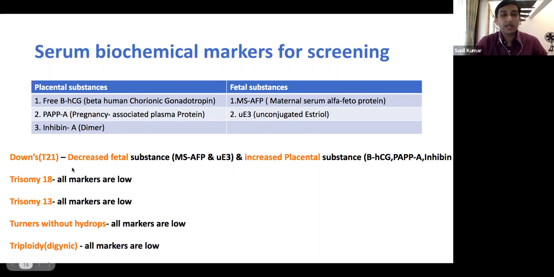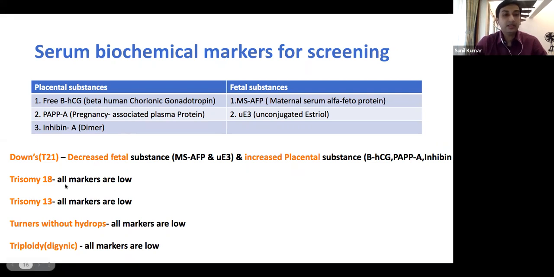In Down syndrome, what happens? There is decreased fetal substances like maternal serum alpha fetoprotein and unconjugated estriol. Remember, fetal components will reduce in Down syndrome, whereas placental substances will increase, that is beta HCG, PAPP-A, and inhibin. So this is what happens in T21 abnormality.